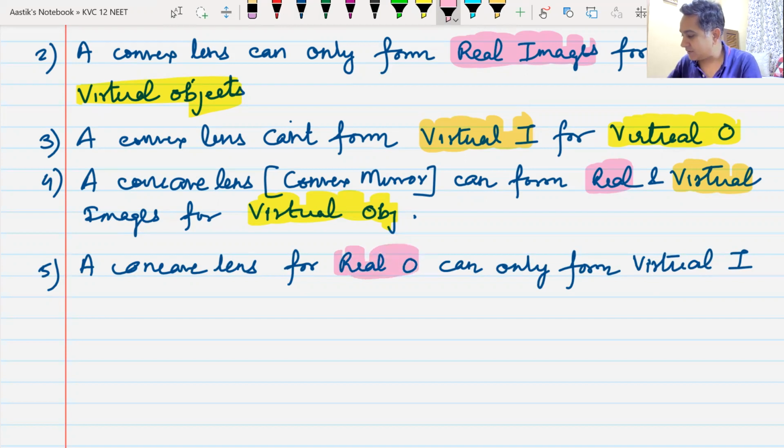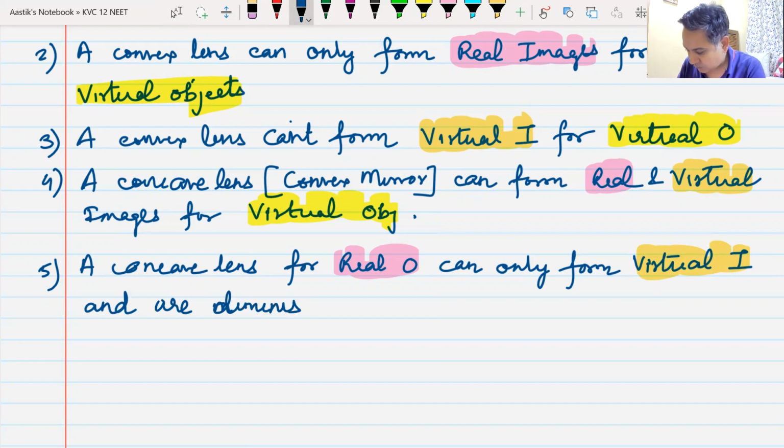For real objects, the images are always virtual and the images are diminished. Do we understand this? Yes, sir. So if you get a question that for a real object, I am getting a virtual image and the image is diminished, what type of lens or mirror is it? It is either a concave lens or a convex mirror. Do we understand this?